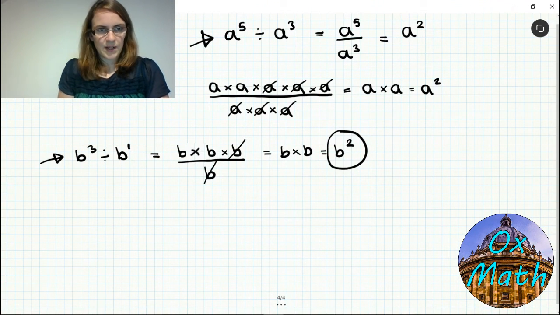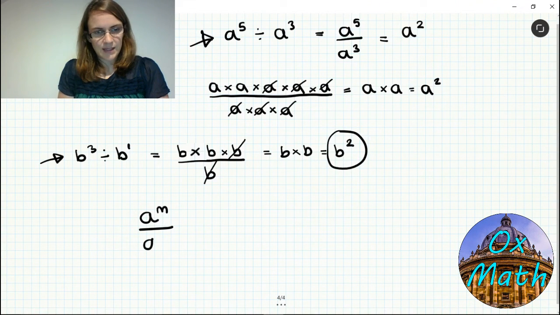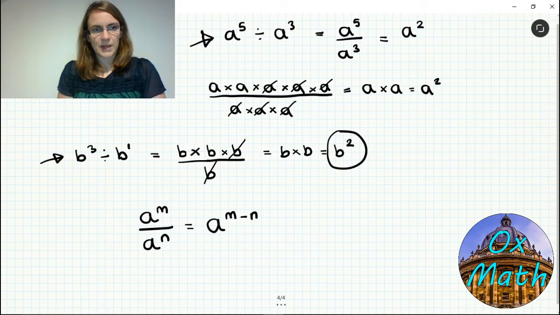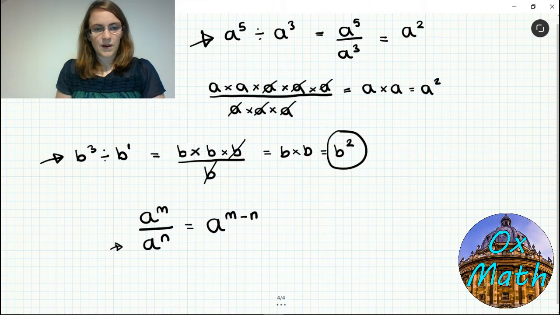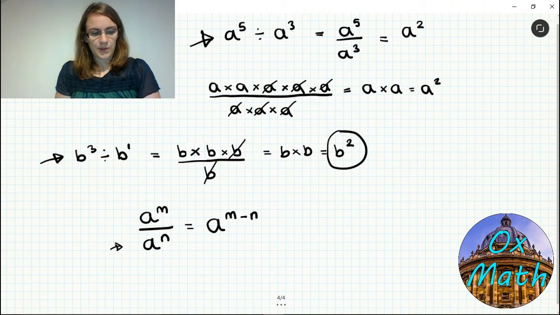So more generally, if we have a to the power m divided by a to the power n, we have a to the power m minus n, because n lots of the multiplication are cancelled out by this division. So the general rule is, if we are dividing numbers, again with the same base, then you can subtract the powers.